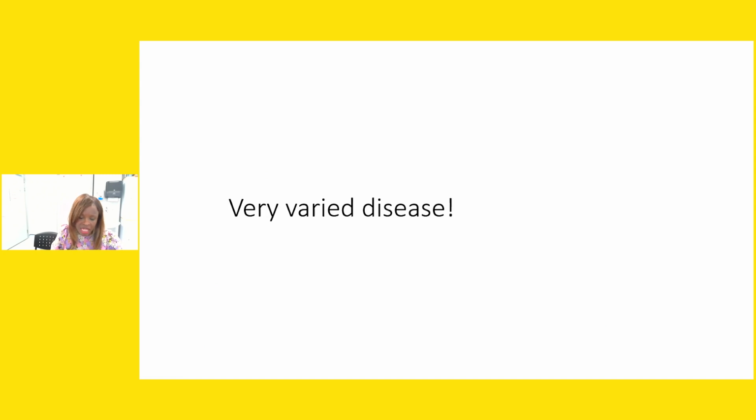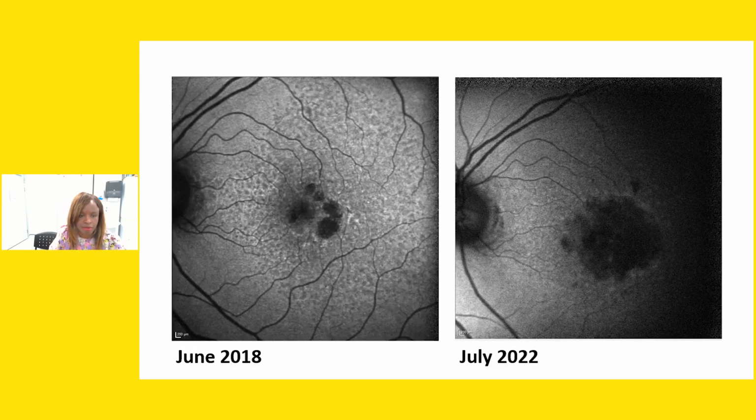So there's a lot of research ongoing to try to sub-classify or subdivide geographic atrophy, because it's really like saying I've got a watch. That could be a Rolex, or it could be a Swatch, or it could be a toy watch. There are different types of geographic atrophy, and there's a lot of research trying to delineate that.